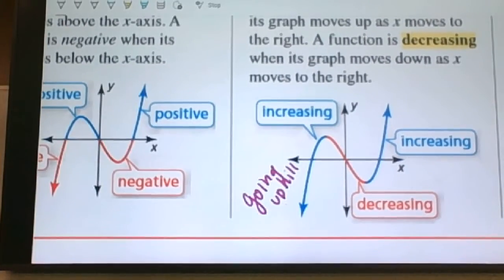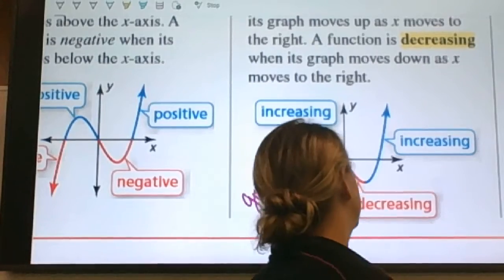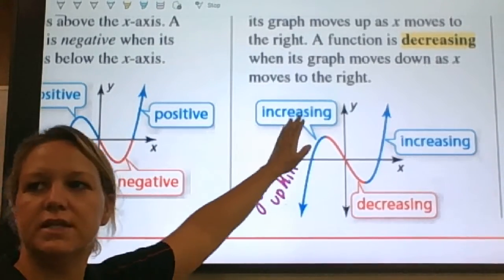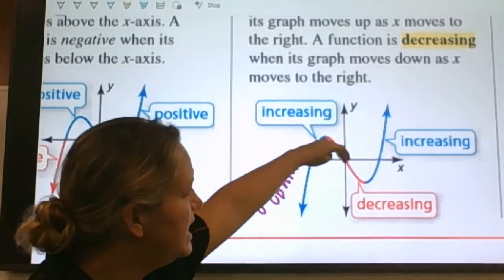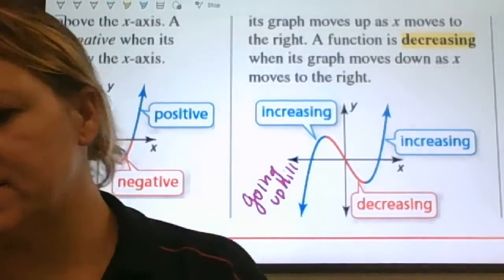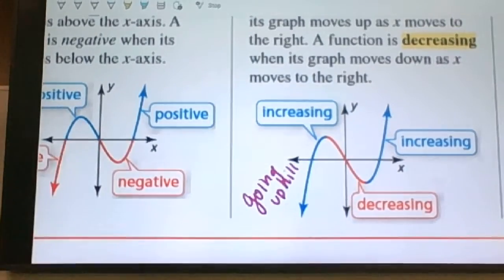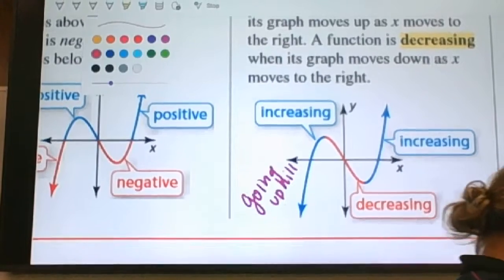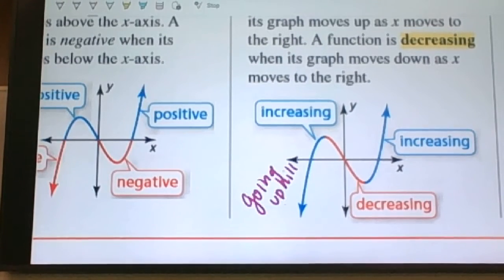Going uphill. So when you read or you walk left to right, if it's going uphill, you say it's increasing. If it's sliding downhill, you say it's decreasing. So it's an uphill, downhill concept.